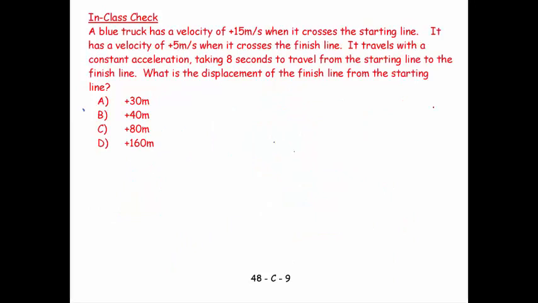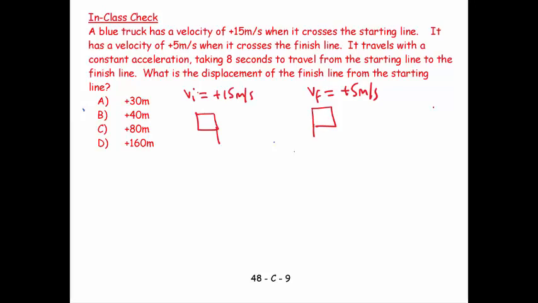Blue truck has a velocity of plus 15 meters per second when it crosses the starting line. So we have a truck, VI equals plus 15 meters per second, and it's crossing the starting line. It has a velocity of plus 5 meters per second when it crosses the finishing line.